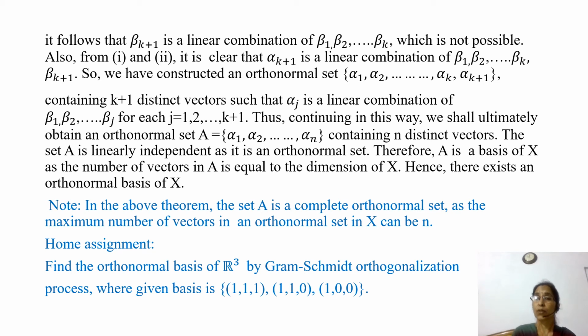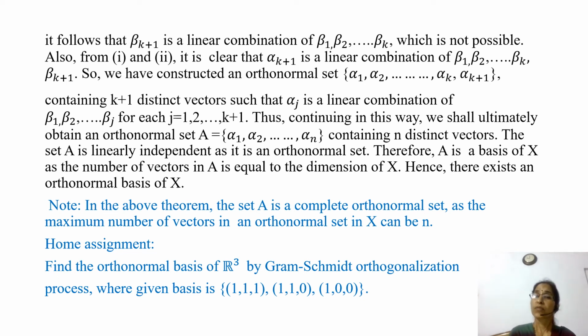Why? Because alpha k plus 1 is a linear combination of alpha 1, alpha 2, up to alpha k, and beta k plus 1. And since alpha 1, alpha 2, up to alpha k are linear combinations of beta 1, beta 2, up to beta k, alpha k plus 1 is a linear combination of beta 1, beta 2 up to beta k plus 1.